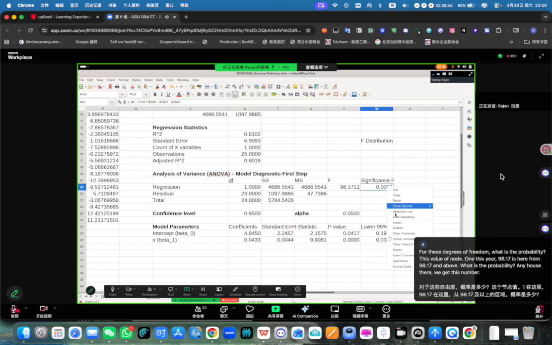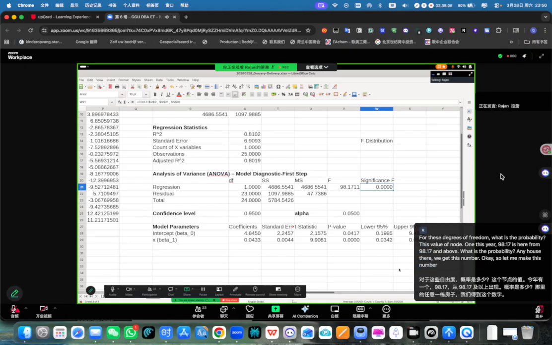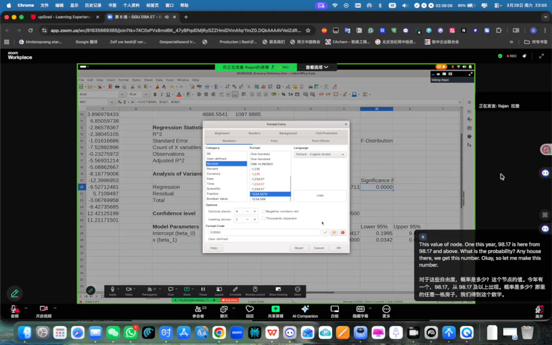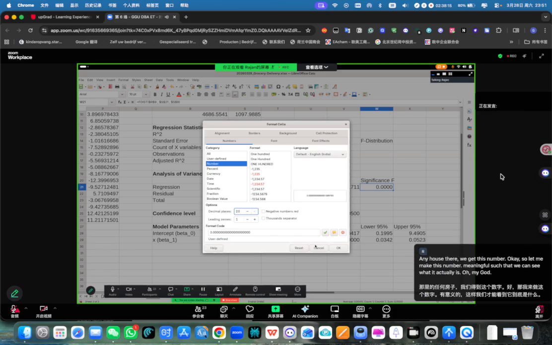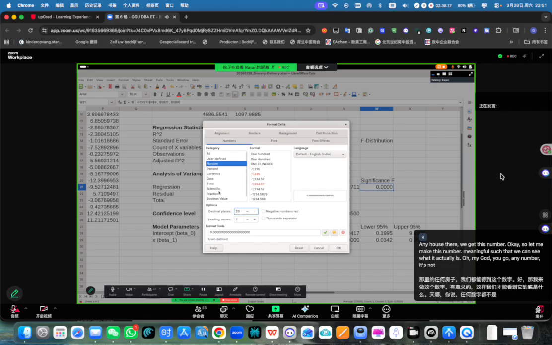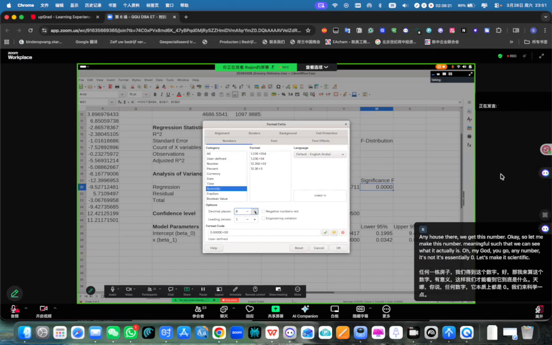Let me make this number meaningful so we can see what it actually is. Oh my God, whatever format you use, it's essentially zero. Let's make it scientific. It's practically zero.